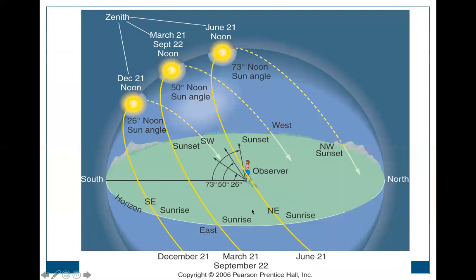Here is solar altitude. Now it's showing that this person is standing at about our latitude, around 35 degrees. And it's showing the winter solstice, the equinox, and the summer solstice.